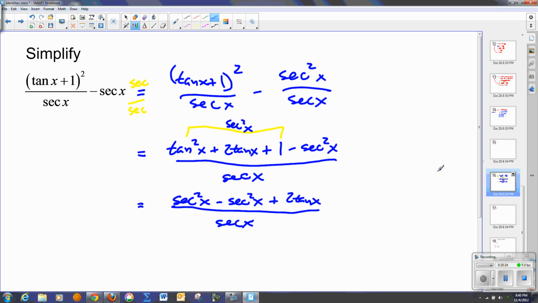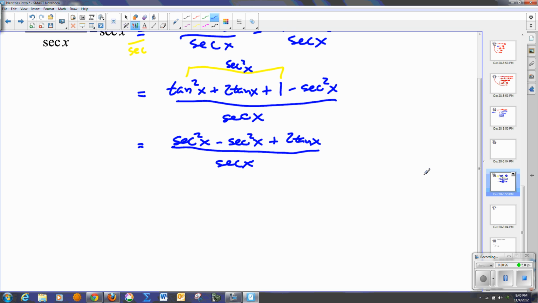Now, if I know this, I can do some more simplification. The secants go. This is 2 tan x. And instead of saying tangent, I'm going to say sine x over cosine x, over, instead of saying secant, 1 over the cosine of x.